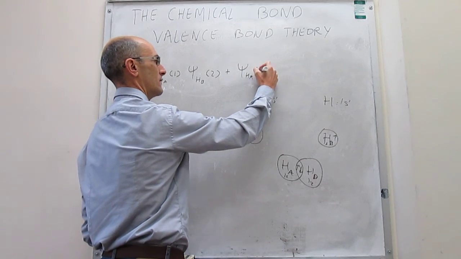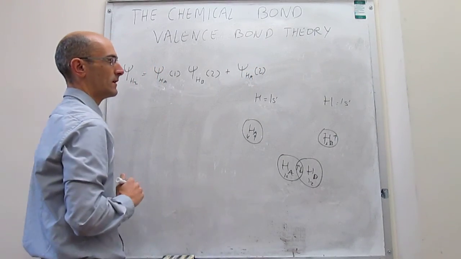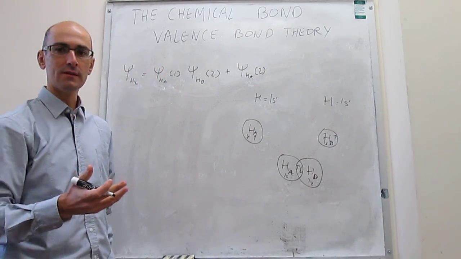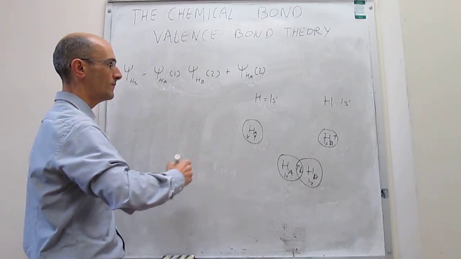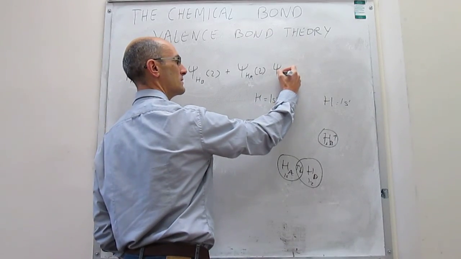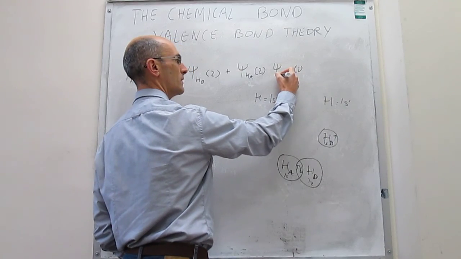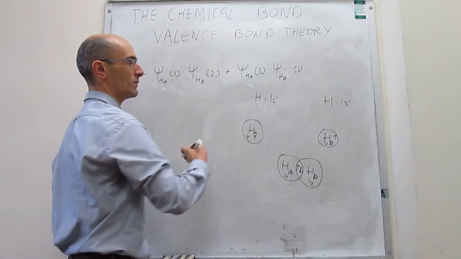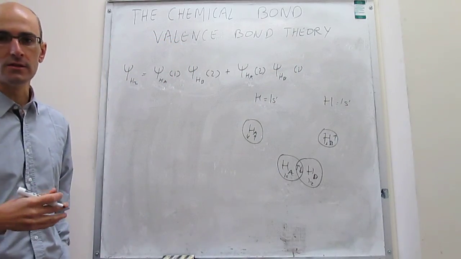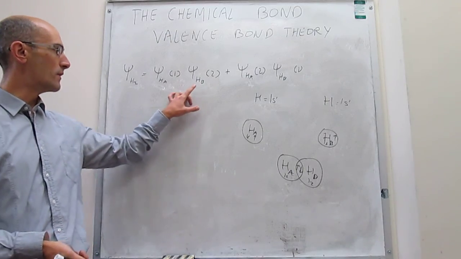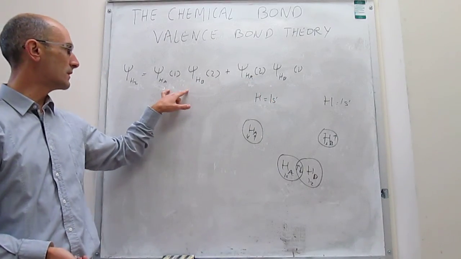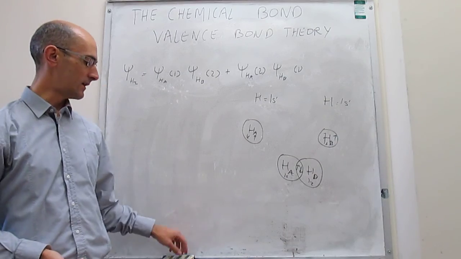The second electron can be characterized by a 1s wave function centered on the first atom, and the first electron can be characterized by a 1s wave function centered on the B atom. This is much more complete than what we had initially.